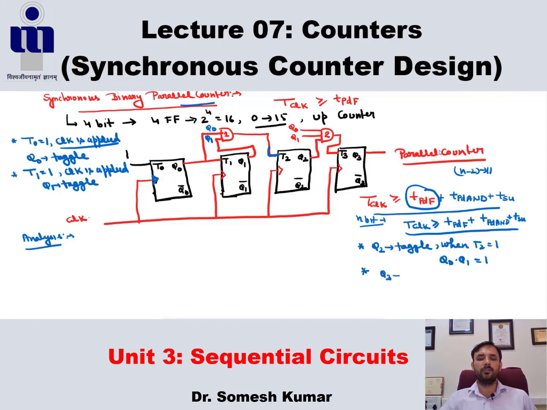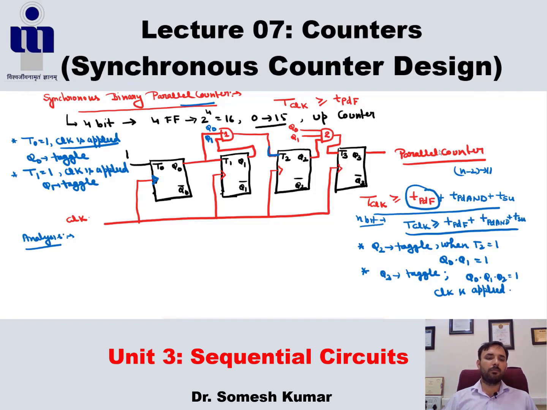Similarly, Q3 toggles when T3 is 1, and T3 is 1 when Q0 dot Q1 into Q2 is 1 and the clock is applied. These are the main conditions on which its analysis, or whole working, depends.